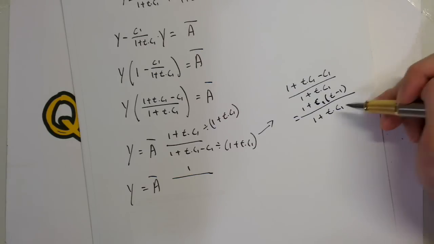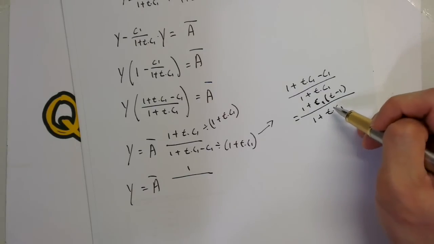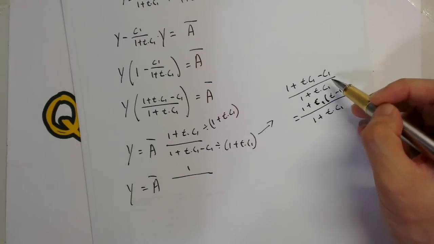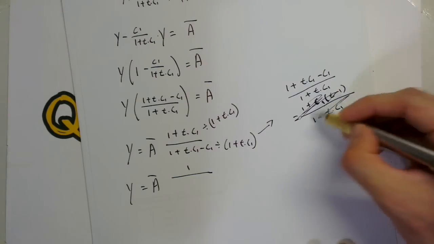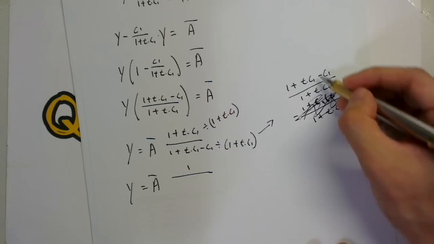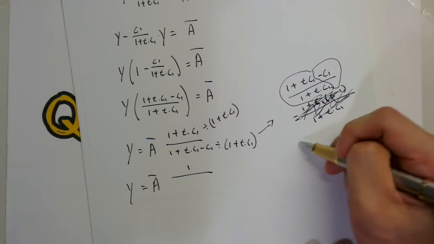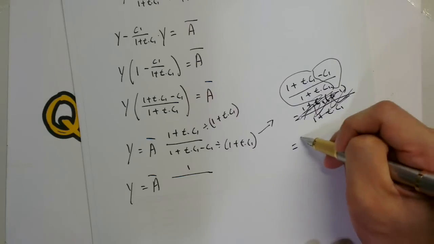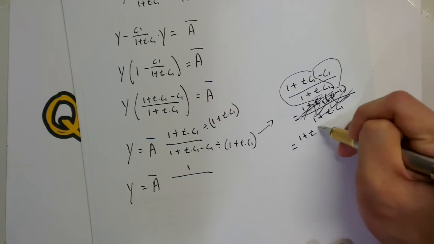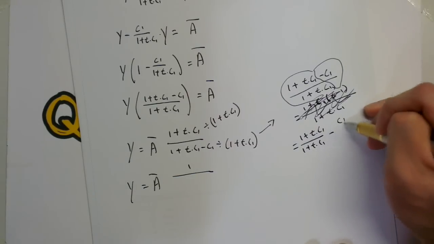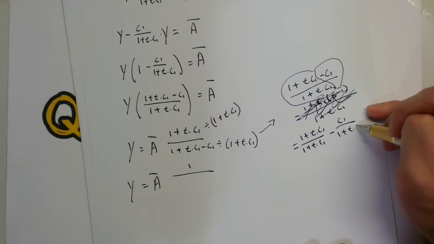But let me see what else we can do with this. C1. Oh yeah, you know what? Screw this. Sorry about that. Look at this. I can just separate this and this. Okay, sorry about that, guys. So it's going to be 1 plus T dot C1 over 1 plus T dot C1, minus C1 over 1 plus T dot C1.